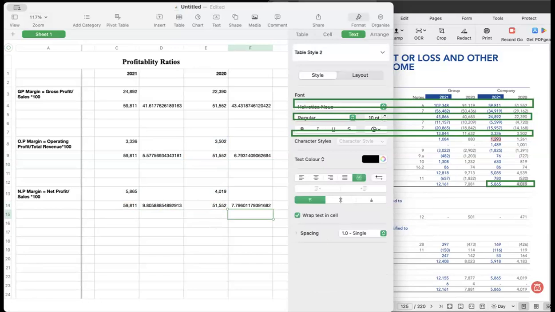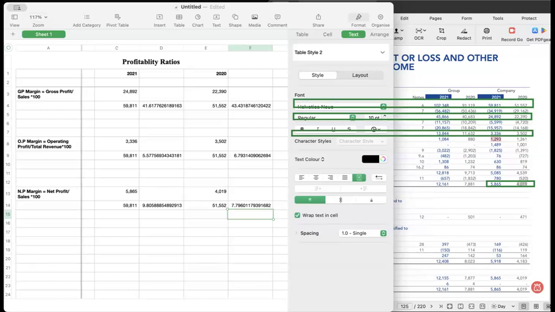That's it. Okay. So gross profit margin, we got 41.6 for 2021. If we round it off, it will be 42, and 43 for 2020. So gross profit margin, what does it do? It indicates the gross margin of the company expressed as a percentage of sales, right? This ratio includes the amount of profit a company makes after setting off its cost of goods sold.